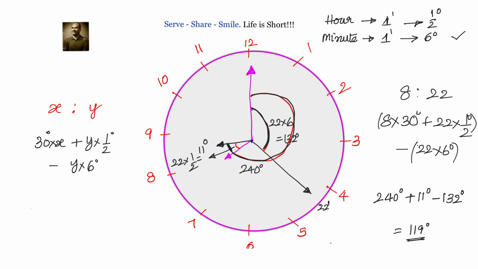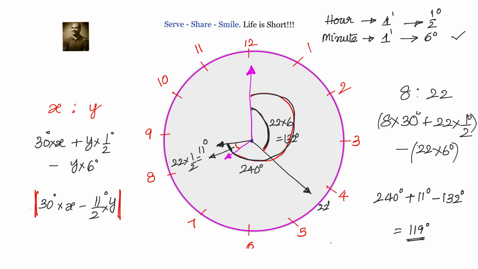Simplifying that, we have 30 degrees into x minus 11 by 2 degrees into y. This is our answer, but we will put this in absolute value because sometimes the hours can be before the minutes, so we have to take care of the positive value.